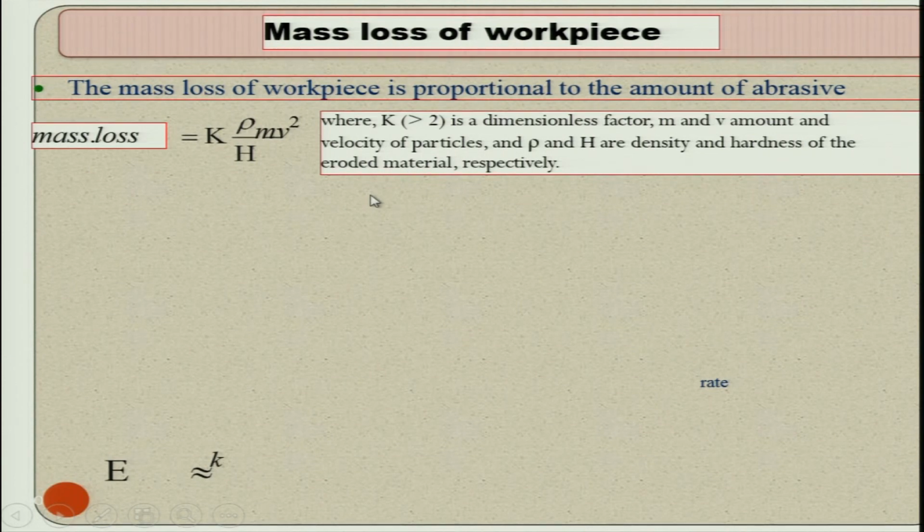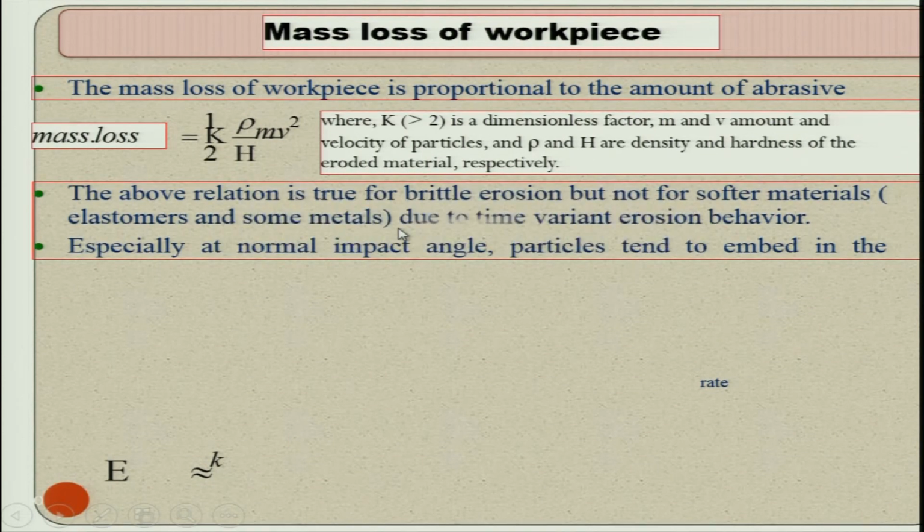The above relation is true for brittle erosion, but not for softer materials. That means for hard materials which are removed by brittle fracture, this particular formula is applicable.